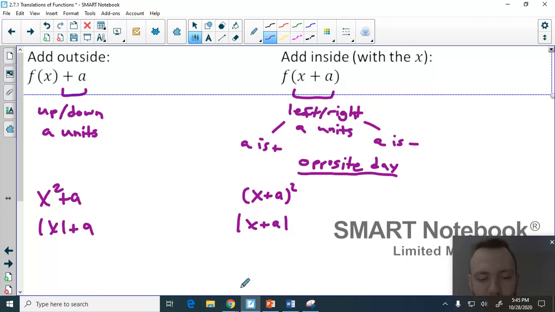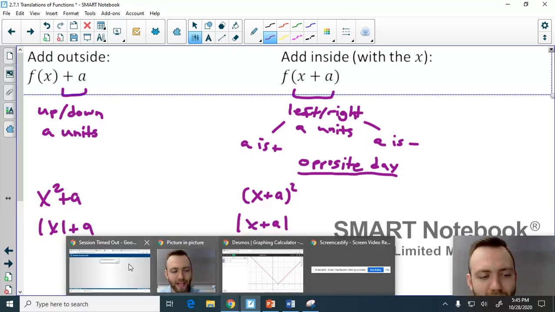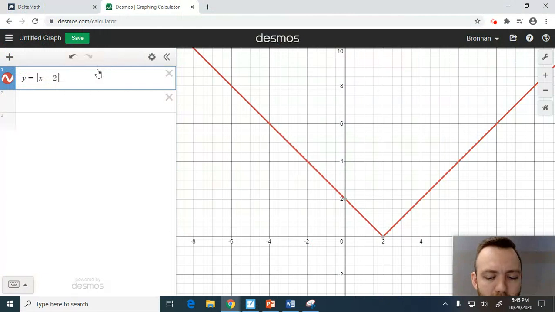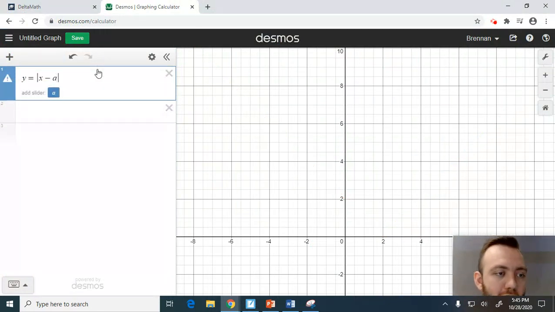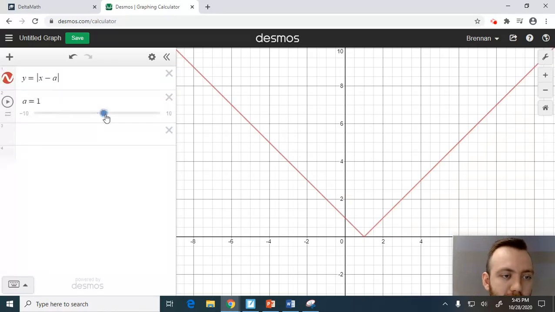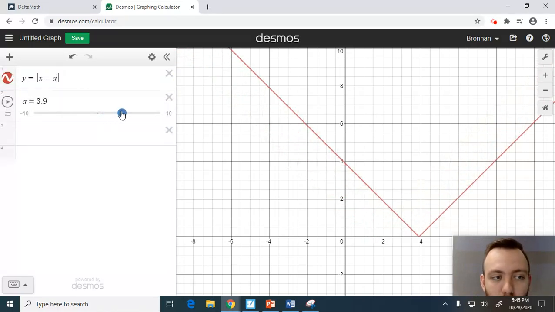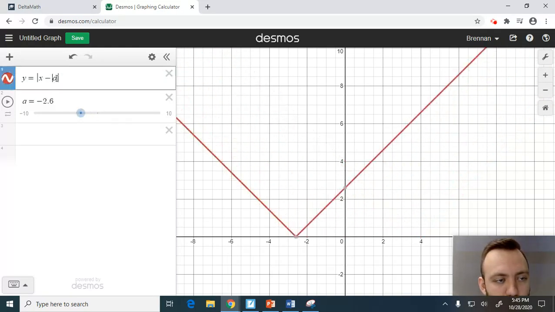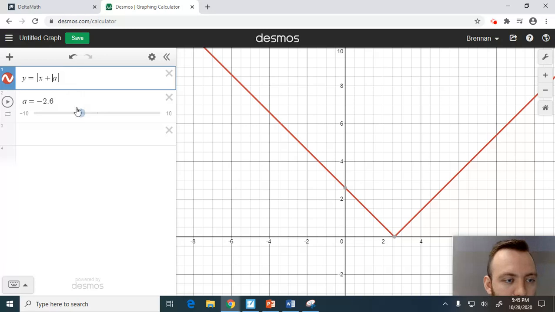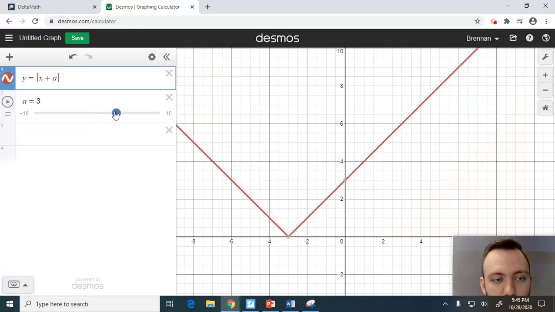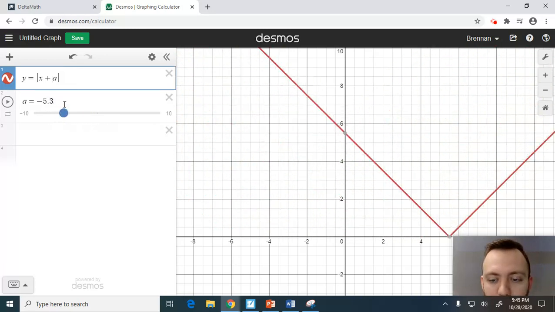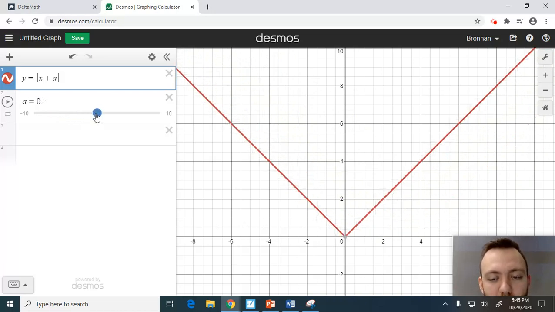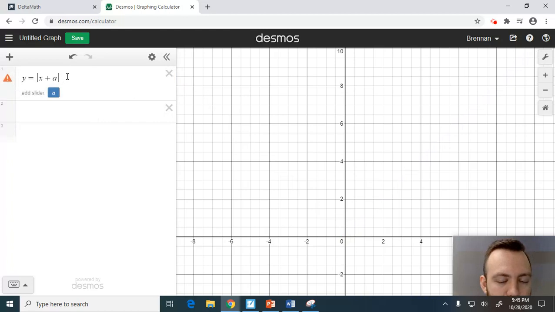And when I say x plus a, I'm really just saying, if I put a in here, a is just any number. If a is positive, then we're moving to the left. If a is negative, we're moving to the right. A just means any value that you choose to put there. So that is all that means.